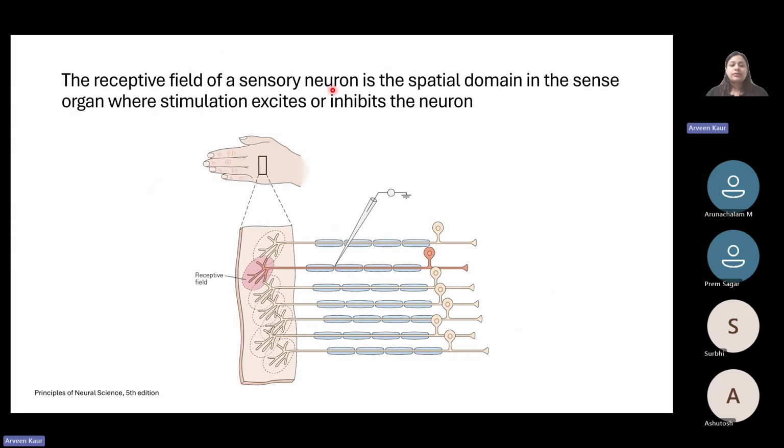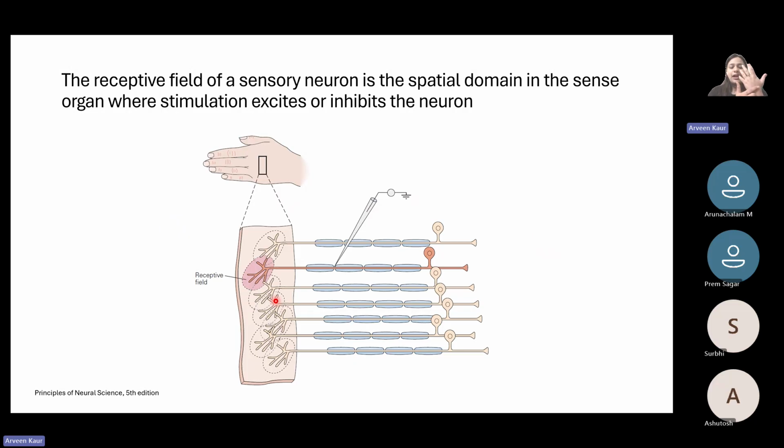So, when we talk about the receptive field of a sensory neuron, it is a spatial domain in the sense organ where stimulation excites or inhibits the neuron, right? For instance, you know that the receptive field for your finger or your hand is small, right? If I pinch over here, it will only affect this particular region.